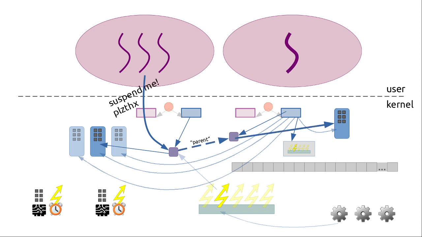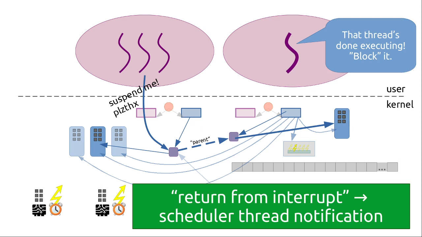So when the thread on the left says, hey, suspend me please, and specifies the capability to its asynchronous activation endpoint, what the kernel does at that point is it follows its parent pointer, finds the parent asynchronous activation endpoint, finds the thread associated with that, and switches to it. That thread is assumed to be some form of a scheduler thread that is then able to understand that that thread has blocked. It says, oh, okay, thanks for the notification, kernel. I now understand that that thread is done executing, therefore I'm going to block it.